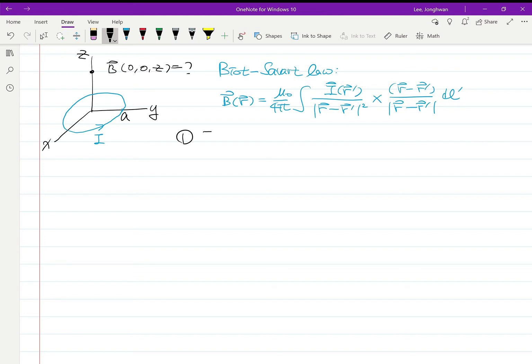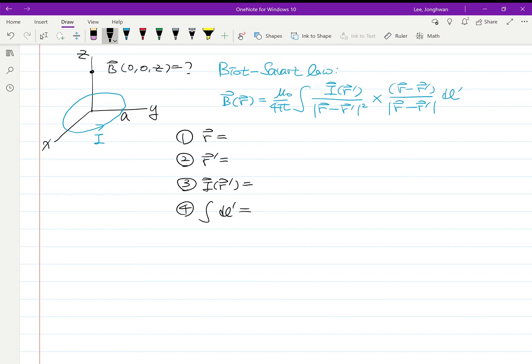We will find them one by one. r prime is the position of the source current, and what is the vector current I at an arbitrary source position r prime, and then what is the line integral variable dl prime, and what is the integral range.